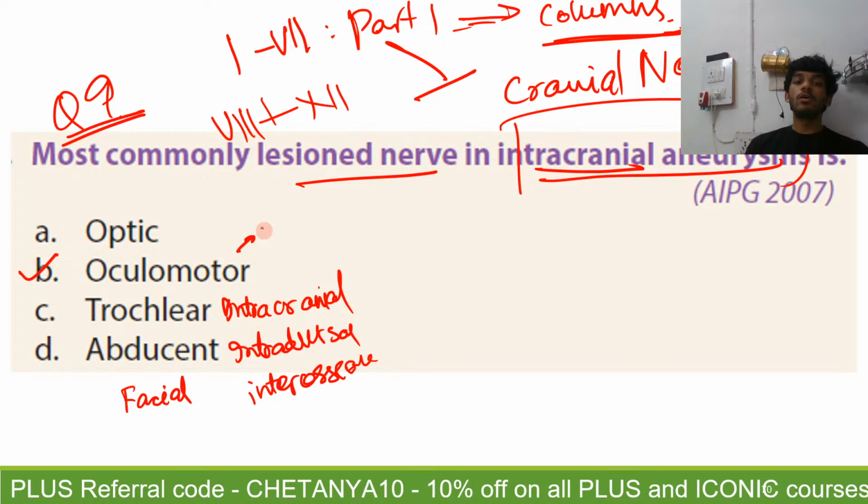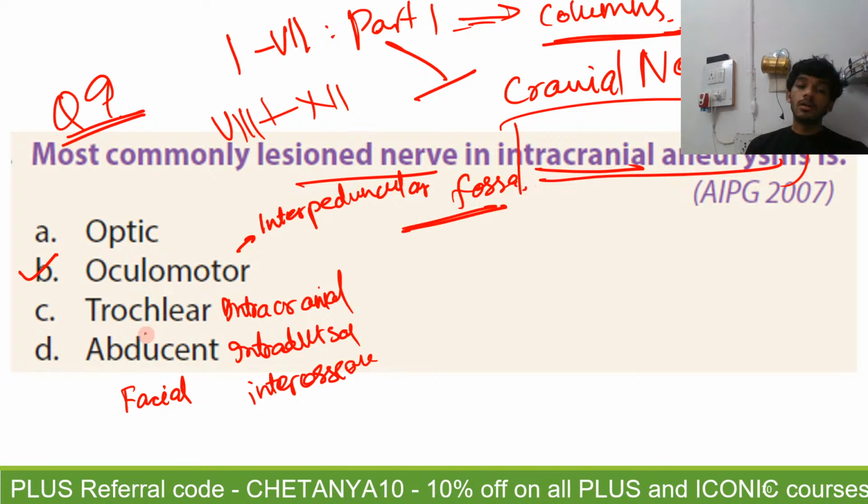Why? Because it is present in the interpeduncular fossa, where you have the circle of Willis, right? It is present in the interpeduncular fossa, and that is why it is most commonly lesioned in intracranial aneurysms. The abducent nerve is most commonly injured in increased intracranial pressure. Why?